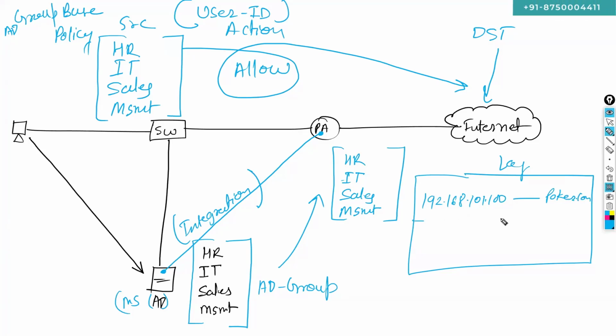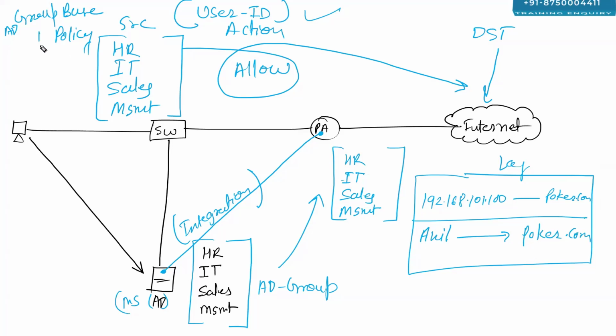But we are not happy with this. So we deploy User ID. After User ID, we will see that user Anil has accessed poker.com. So first thing, we deploy group based policy.